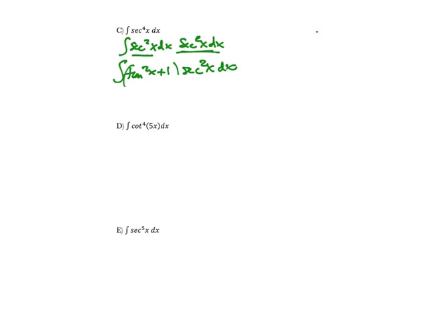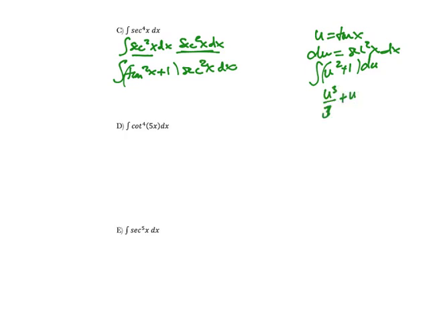So now, if u is tangent x, du is secant squared x dx. So this just becomes u squared plus 1 du. If I integrate that, I get u cubed over 3 plus u plus c.